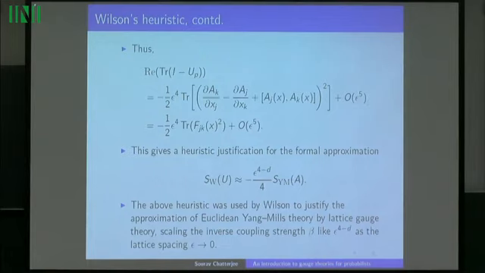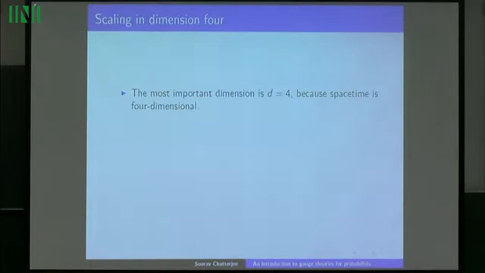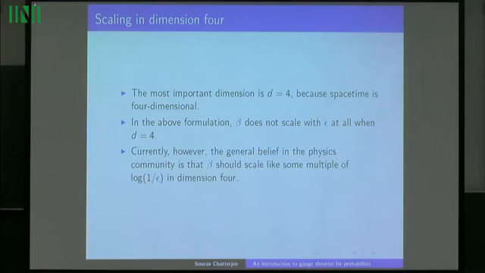Now here is a remark: the most important case is dimension 4, but you see beta does not scale at all with epsilon when the dimension is 4, because it's epsilon to the 4 minus d. I don't know for what reason, but they keep saying that in dimension 4 beta should scale like log of 1 over epsilon.